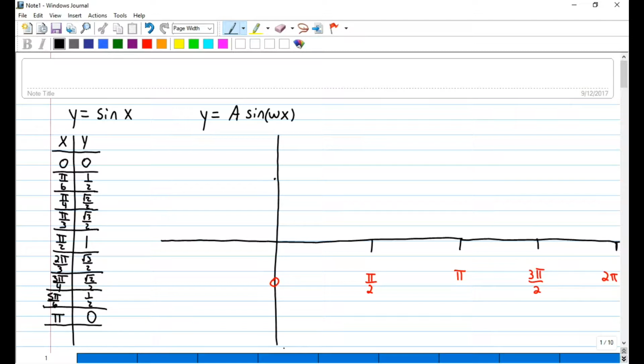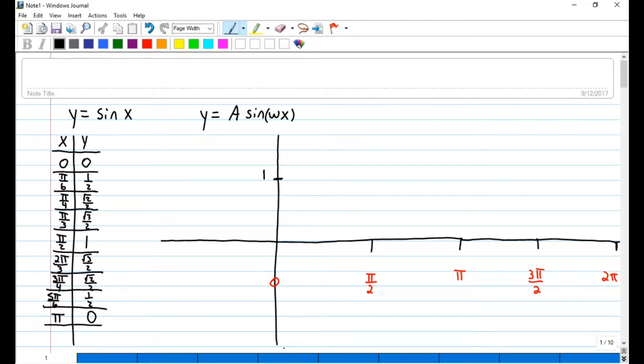But we'll say this right here is 1. So if this is 1, you can see the lines on the board. That would make each one of these lines how much? 0.25, right? That would be 0.25, that would be 0.5, that would be 0.75, and that would be 1.